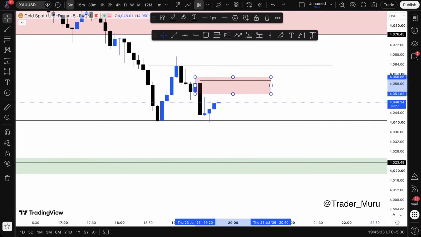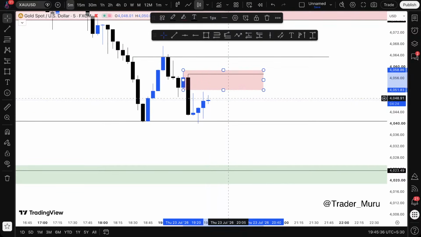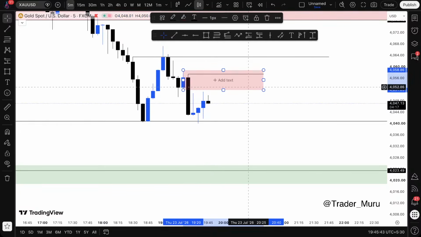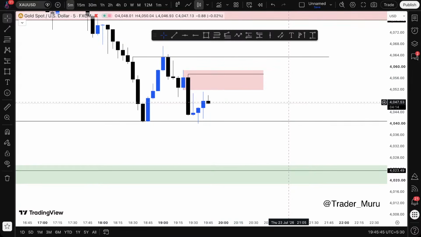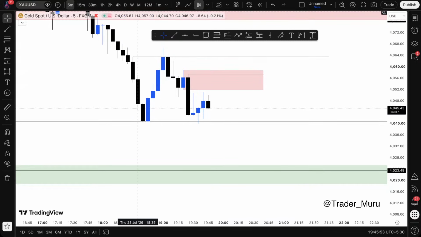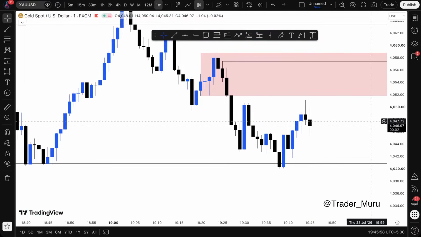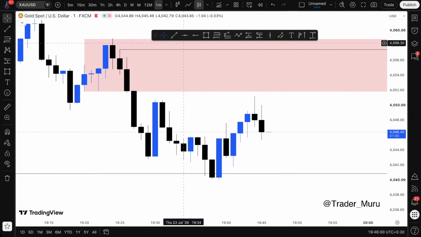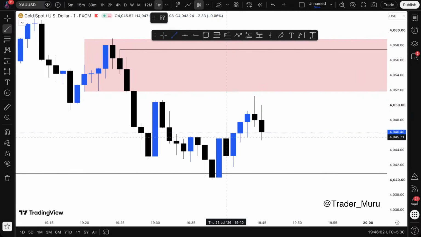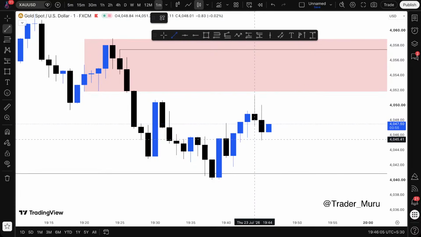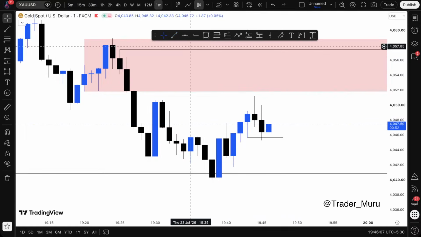Wait here, we will take entry from this area. Price is already bearish from here. What is 1-minute momentum? Bullish. Low break, high break, high break, high, high, high. Low just sweep.